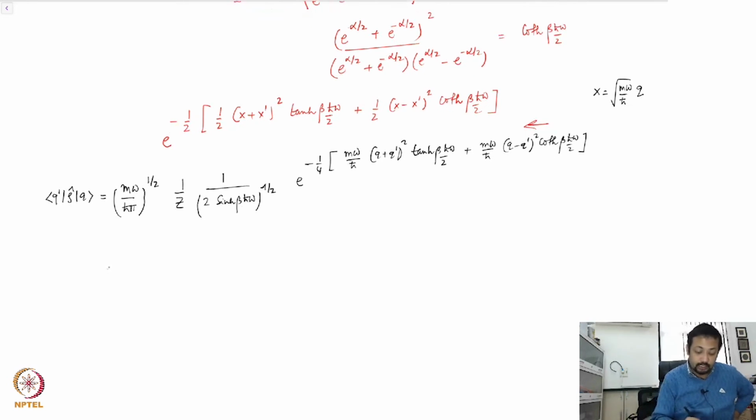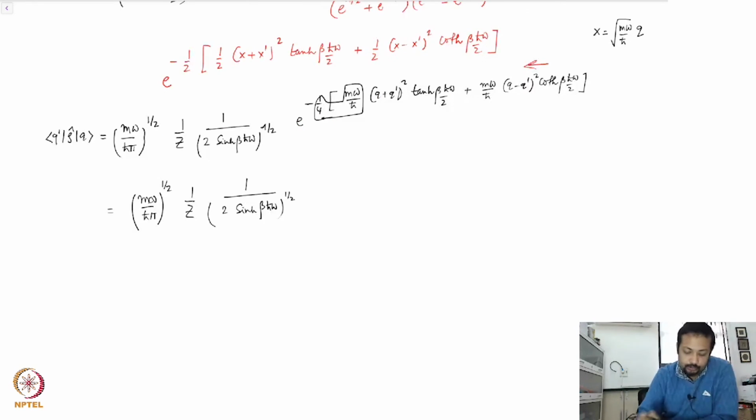So that I have (m omega over h bar pi) raised to the power half, 1 over z, 1 over 2 sinh beta h bar omega, raised to the power half. So let's see if we can simplify this.